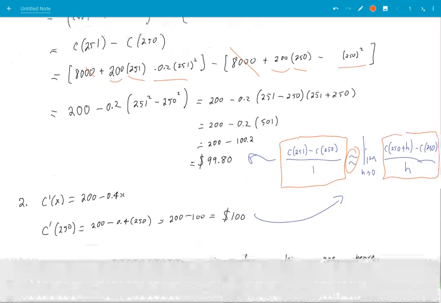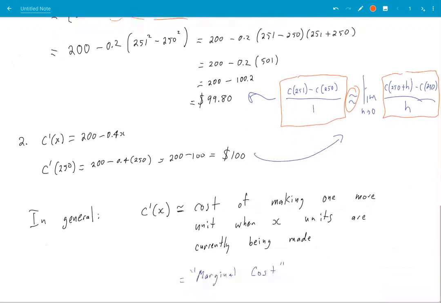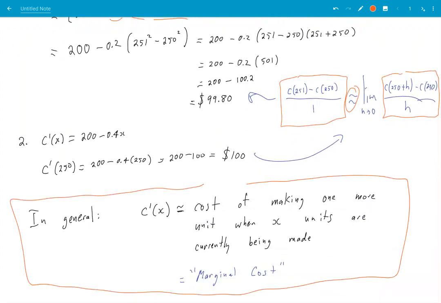Okay, so we write that down in this statement here. Okay, so C prime is roughly equal to what we're going to call the marginal cost. So a marginal cost is something a firm is quite often interested in. It's how much is it going to cost me to make one more unit?